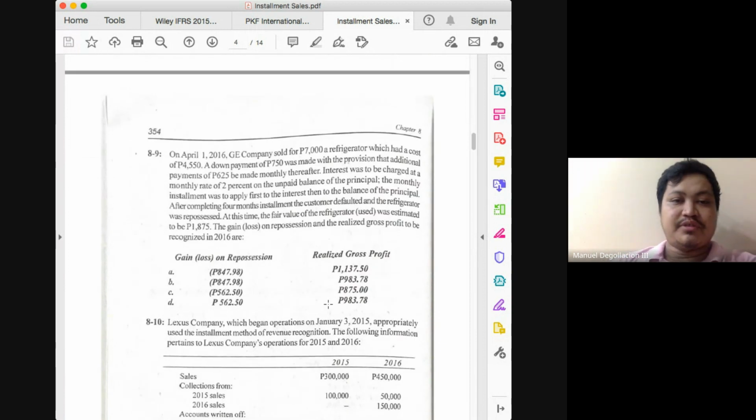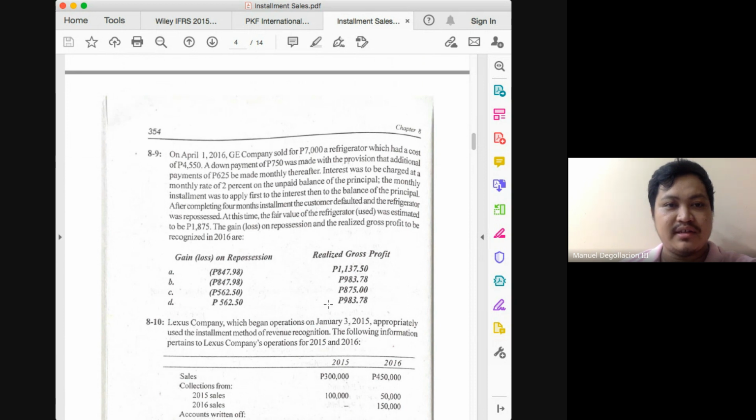The gain or loss in possession and the RGP. Okay, so basically the same, but the challenge here is that your collection will include interest. So you'll have to set that aside. The biggest challenge here is the determination of the amount of collection that is applicable to your installment sale.